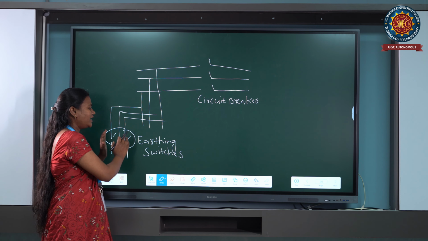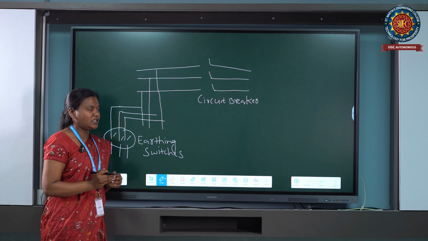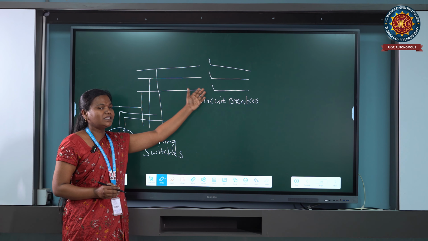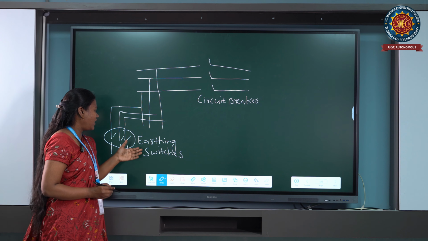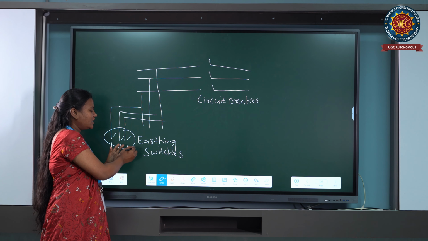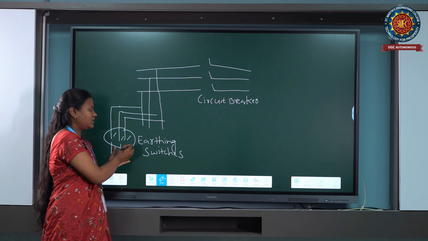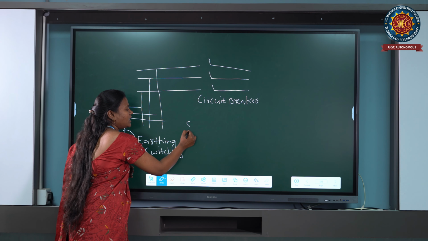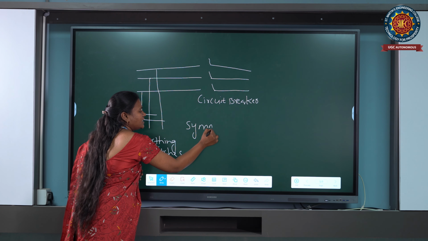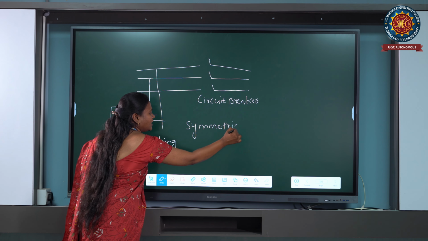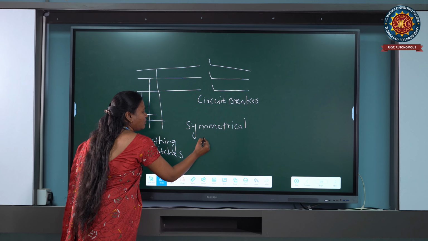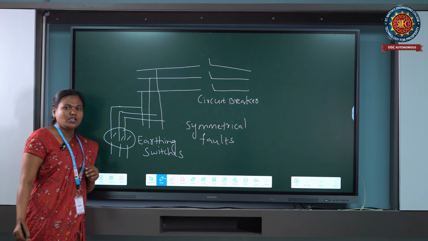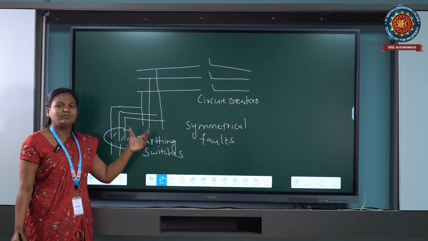Here, while energizing the three-phase transmission line and closing the circuit breakers, we forgot to make the earthing switches off, meaning the earthing switches are also in the on position. In that case, we will get symmetrical faults, nothing but triple line to ground or triple line faults. So this is the way we get symmetrical faults.